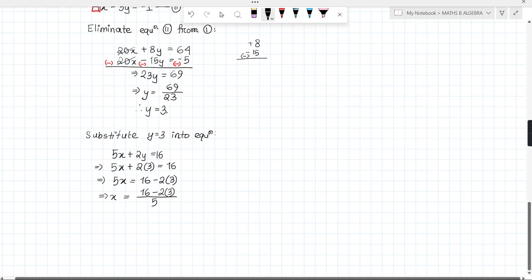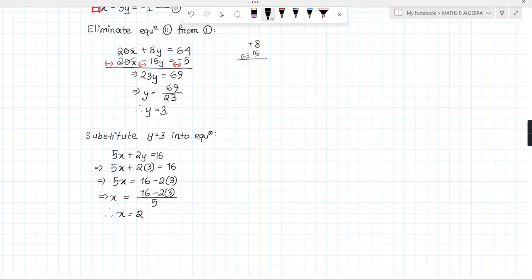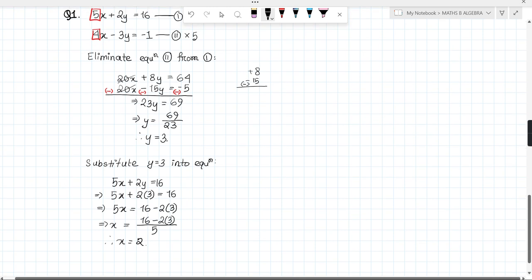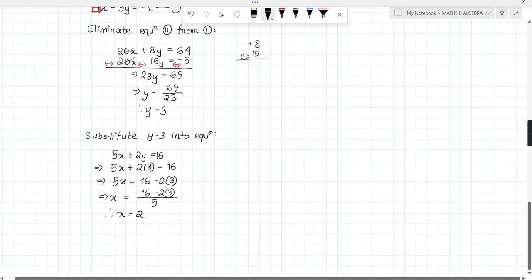So 16 minus 6 is 10, 10 over 5, so the value for x is 2. These are the two values for the unknown alphabets given in the question, right? So finally you can write your answer as y is equal to 3 and x is equal to 2.